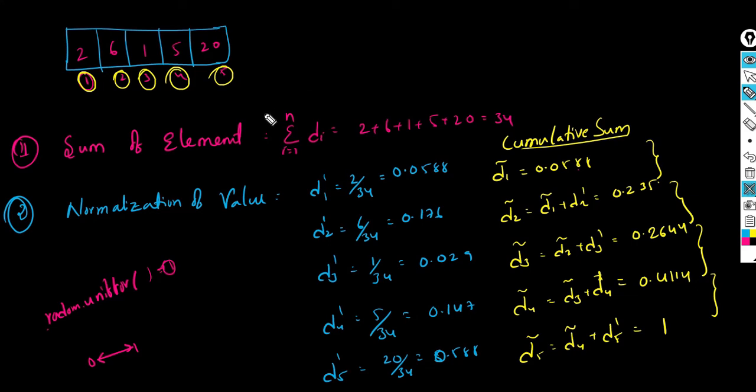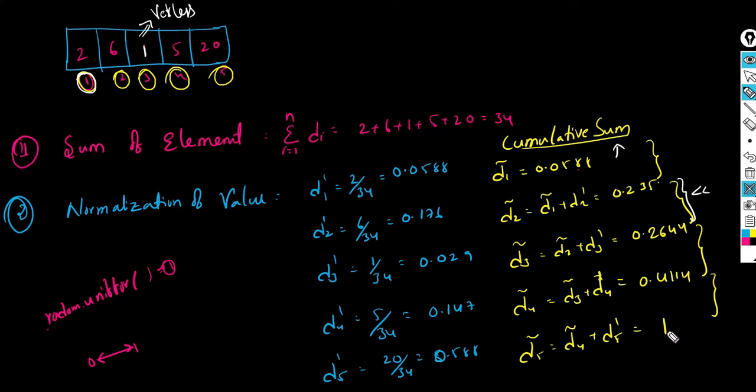Now, by observing, we can tell that if the value is less than this value, we pick the value located at the first position. This one we pick when the value lies between these two. Here we can observe the difference between these two values is very small. That means the picking probability of 1 is very low.